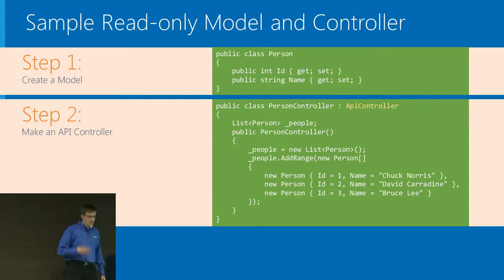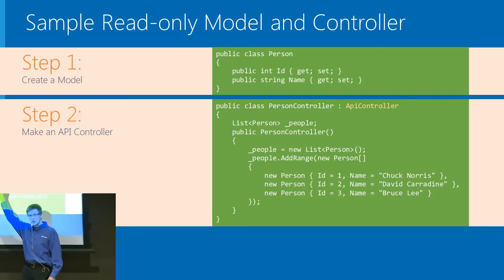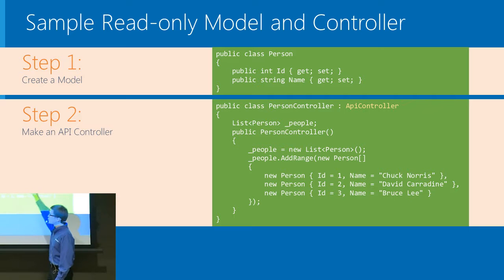Then I have my actual implementation class, like in ASP.NET MVC, which you have already seen here today, which contains these controllers. In Web API, you also have controllers. In this case, I have my person controller, but notice that it has been descended from the ApiController class.